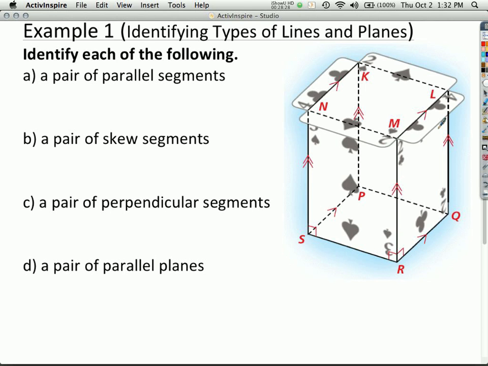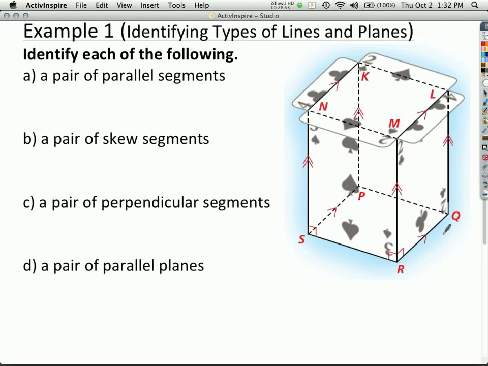The focus is the different things that come out of this. So we would like to be able to identify all of these different things: parallel segments, skew segments, perpendicular segments, and parallel planes. You see a lot of indicators all around the picture, a lot of indications of right angles and parallel lines. So you want to focus on those.